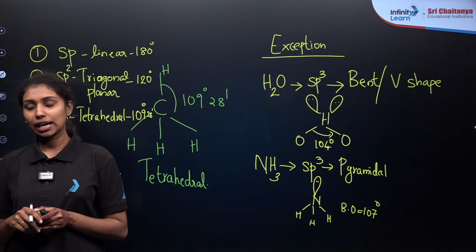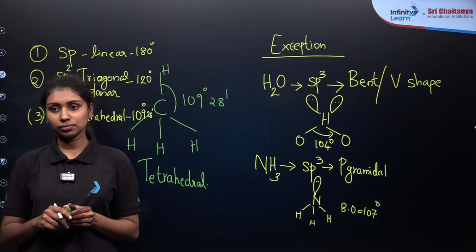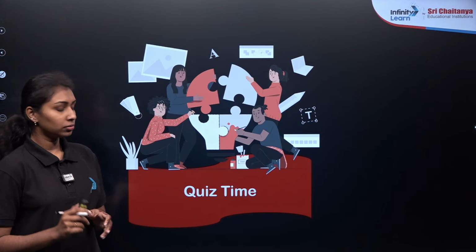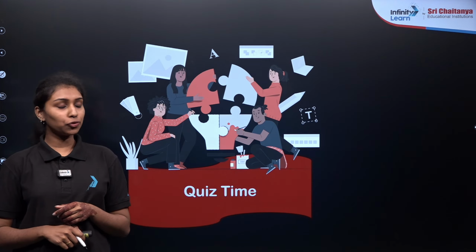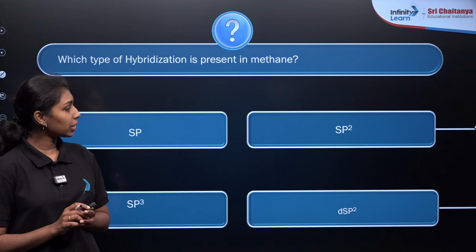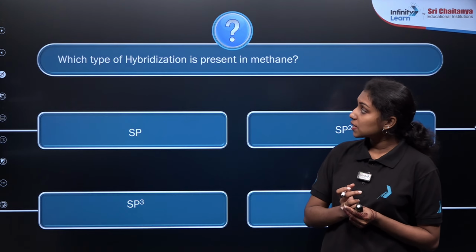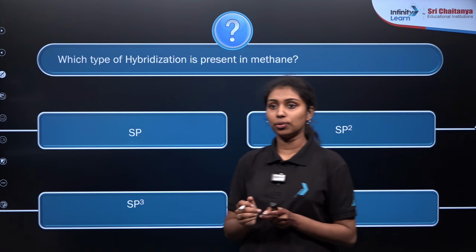Is there any doubt regarding the hybridization? Now we need to focus on some questions here. So here is the first question. Which type of hybridization is present in methane molecule?